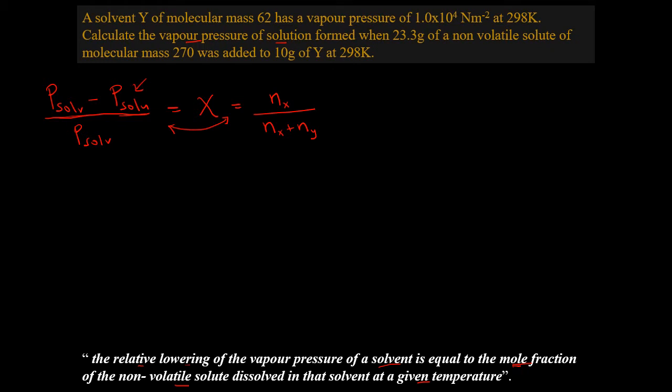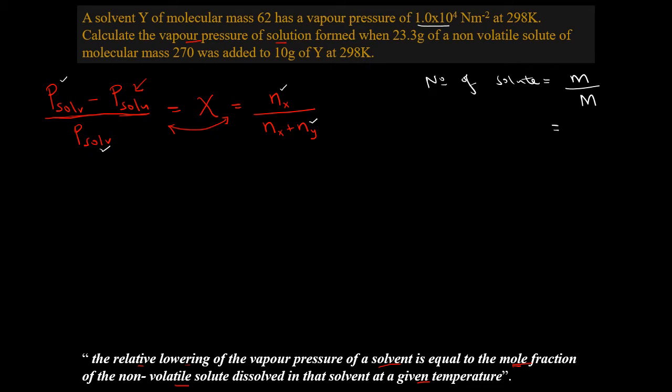So we have to ensure that we have all other terms. The vapor pressure of the solvent we have, 1.0 times 10 to the power 4. Can we have the number of moles of our solute together with the number of moles of our solvent? The number of moles of our solute is equal to the mass of the solute divided by the molecular mass of the solute.